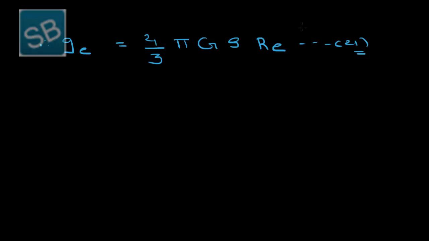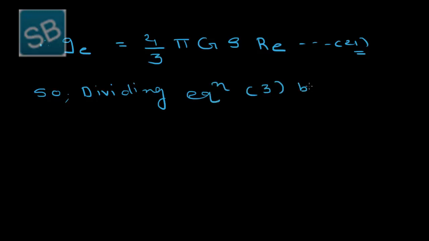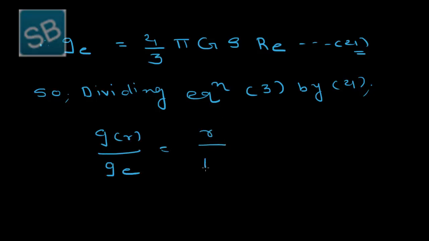Now I can take the ratios of equation number 4 and equation number 3. So dividing equation 3 by 4, we will get g of r divided by gE is equal to small r divided by RE.